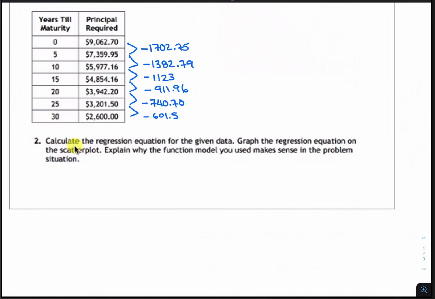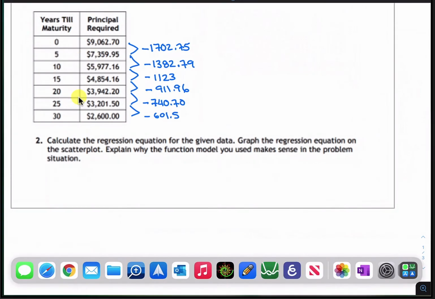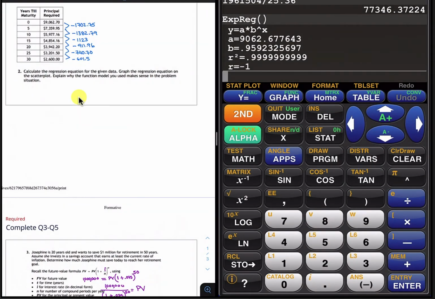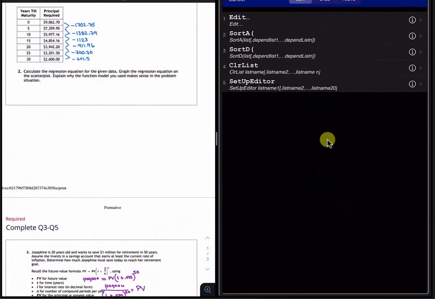So we're going to take our calculator, and we're going to type in all of this data into our calculator by pressing the Stat button. Now, you will need a TI-83 in order to do this. So here's the Stat button. We're going to press that, and you're going to select Edit.